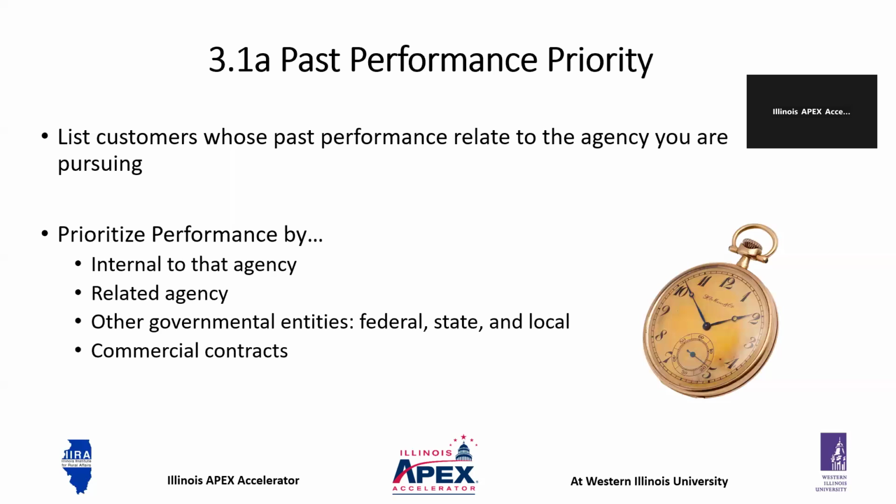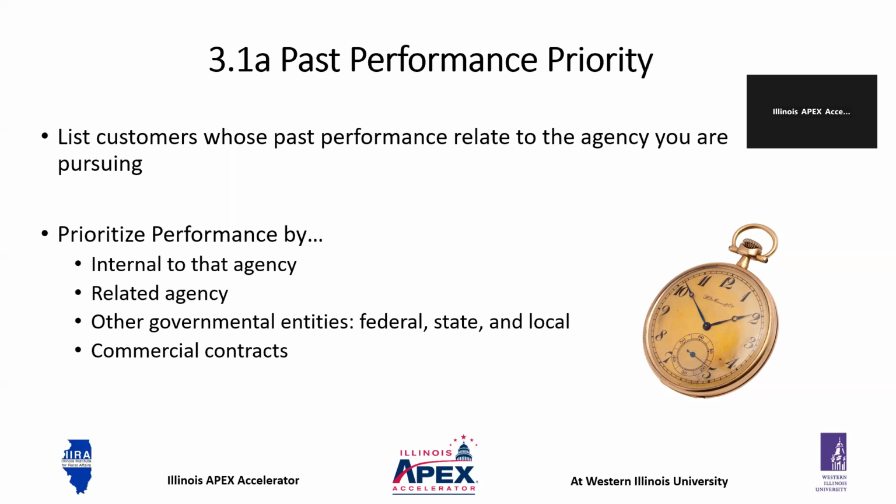For past performance priority, you want to make sure that you first start with this order of priority. If you have experience that's internal to the agency, make sure you identify that first. If you have experience that's related to the agency, then that would be the second priority.